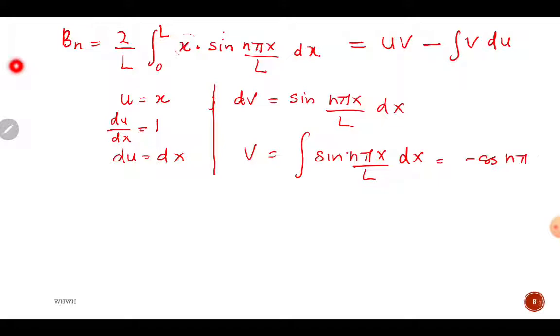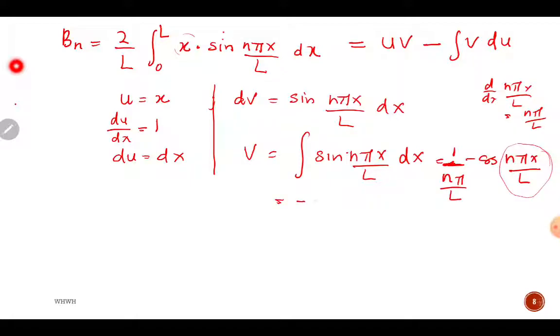Negative cos n pi x over L. And do not forget, we divide it by the derivative of n pi x over L. So differentiating n pi x over L with respect to x, you get n pi over L. So it becomes 1 over n pi over L, which means this will become negative L over n pi cos n pi x over L. Okay, so using that integration, from there, the formula gives us uv minus integration of v du.